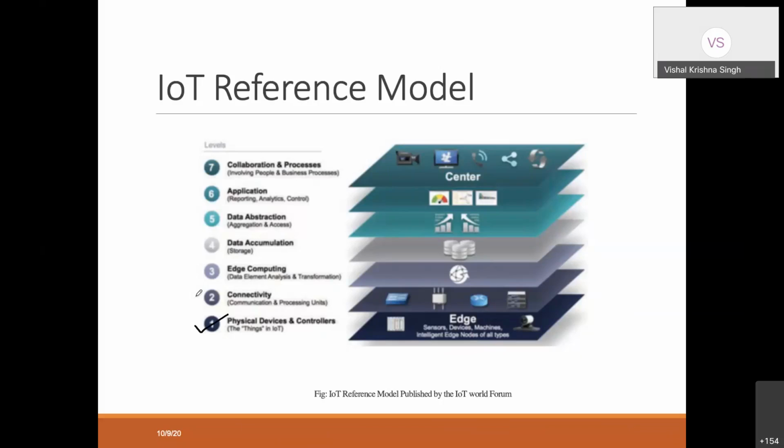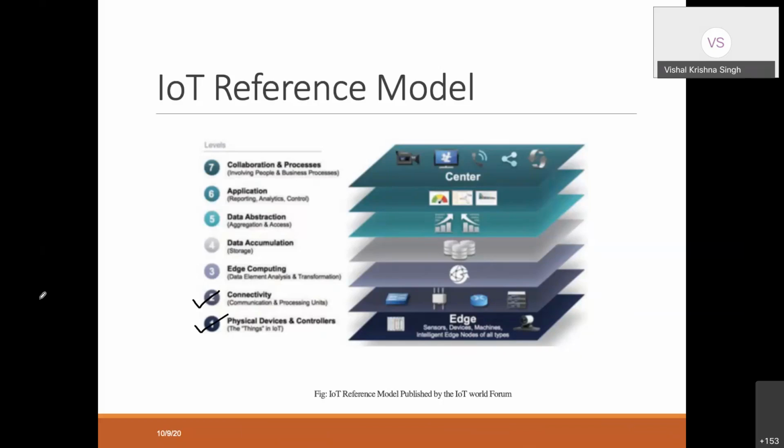The second layer is the connectivity layer. As the name of this layer suggests, it is responsible for connectivity. What do we mean by connectivity? Connectivity is required for reliable and timely transmission of the data.